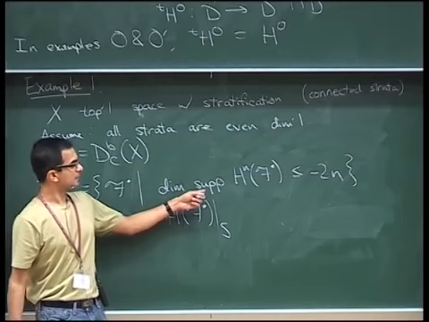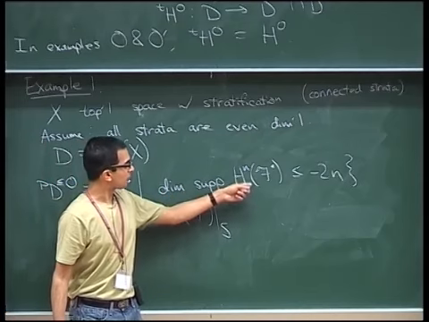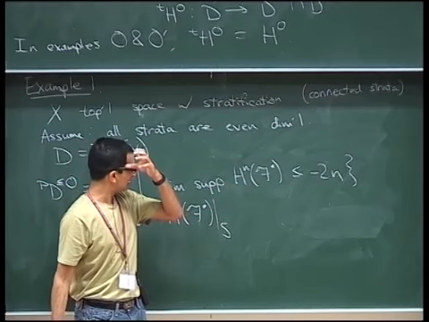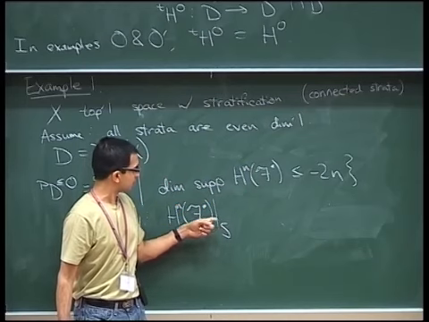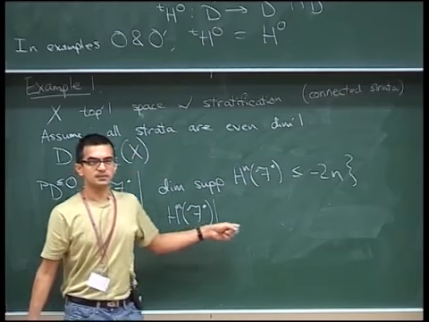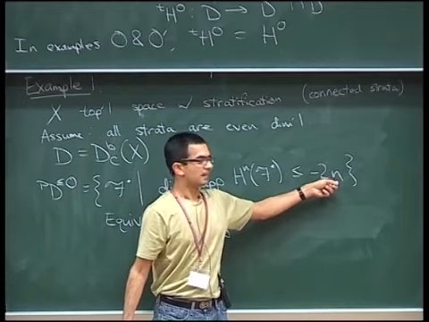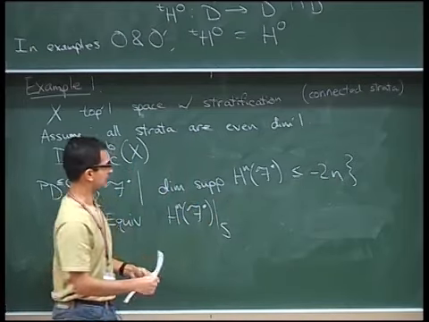Well, this condition says the dimension of the support of this is at most negative 2n. So if you restrict it to a stratum whose dimension is bigger than this number, then this restriction has to be 0.